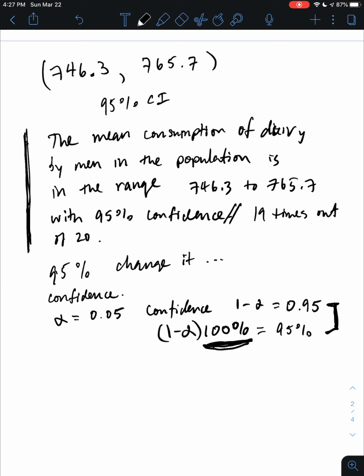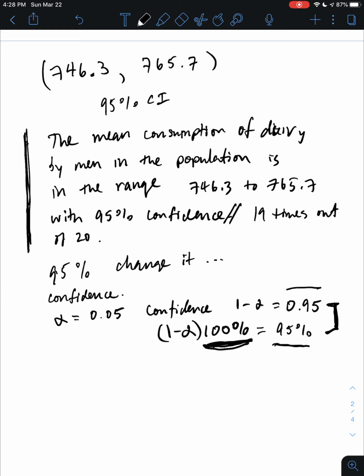Some people like writing 95%, and people who are not really that well versed in statistics will often talk in terms of percentages. But if you go back through our notes, you'll see that we have mostly preferred the decimal, because we end up typing things into a calculator, and our calculator may not even have a percent button, so we just type 0.95.